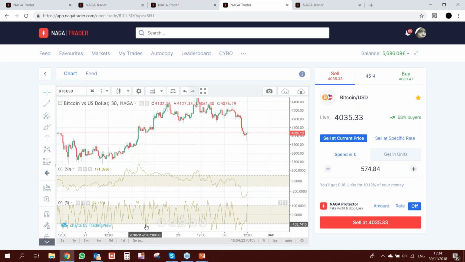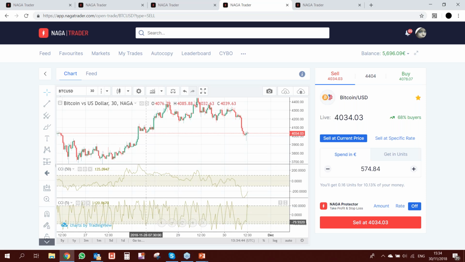It did provide us, as you can see here, we have the CCI 50 above our overbought area, and we have a break, a slight piercing below the oversold. This tends to be one of the most accurate signals to the upside, and vice versa.